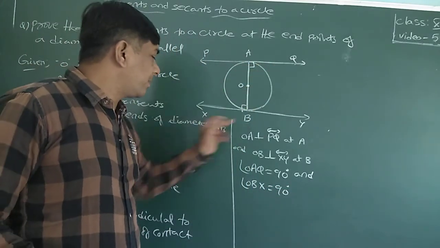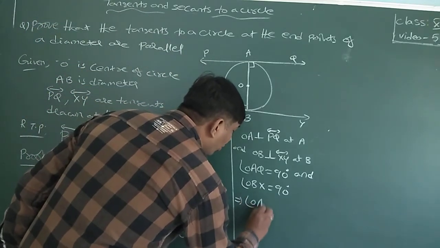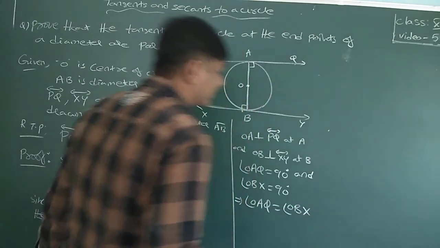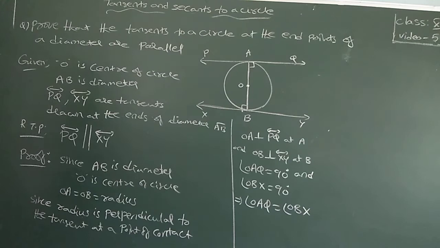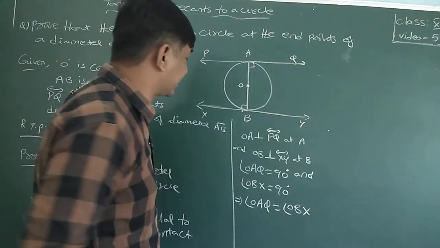OAQ is 90 degrees, OBX is 90 degrees. That implies angle OAQ is equal to angle OBX.